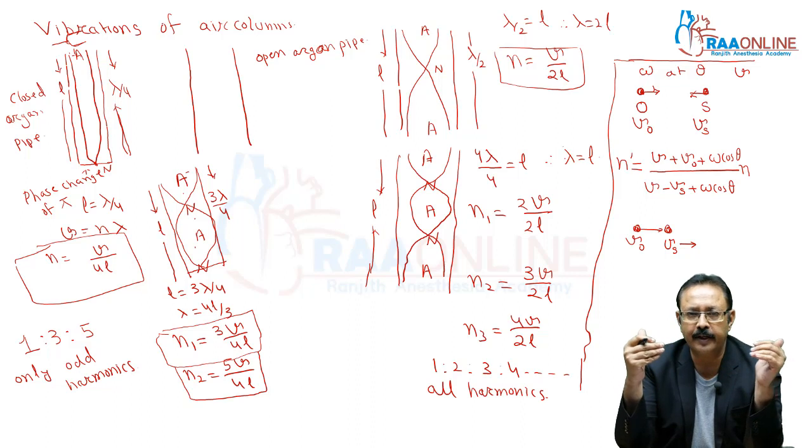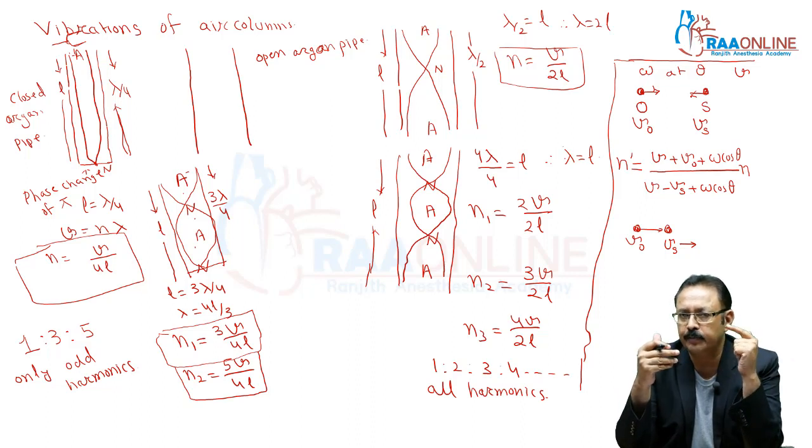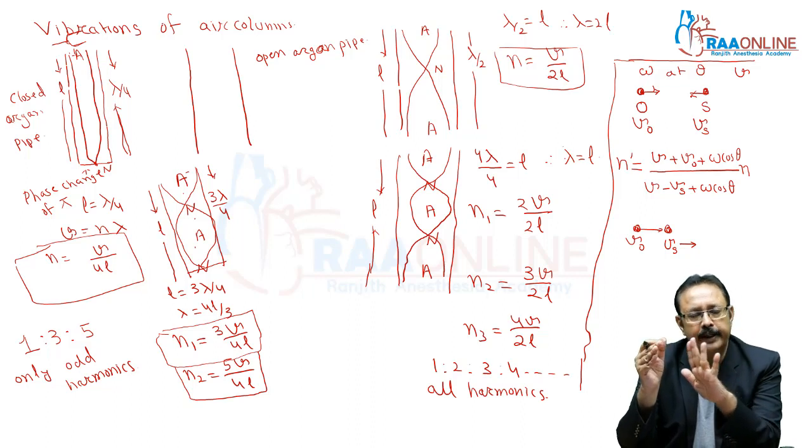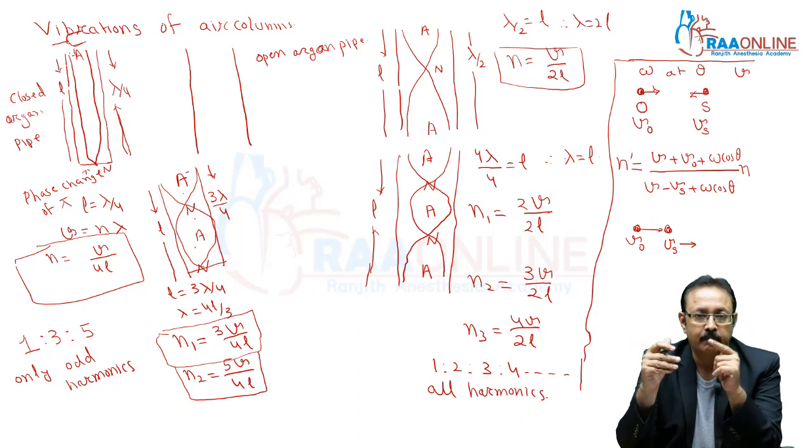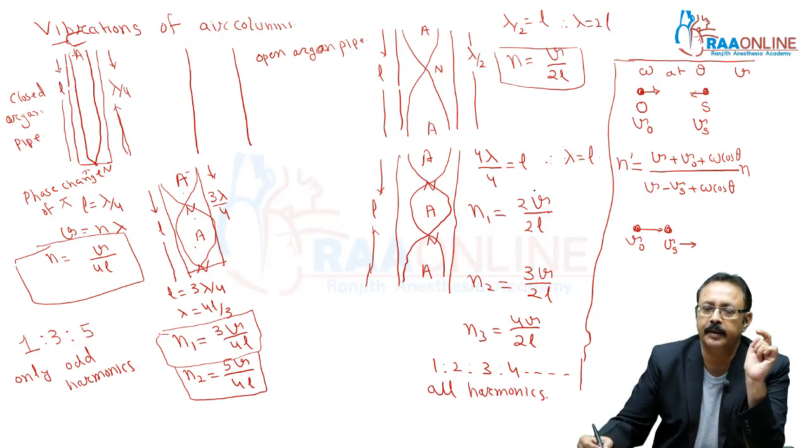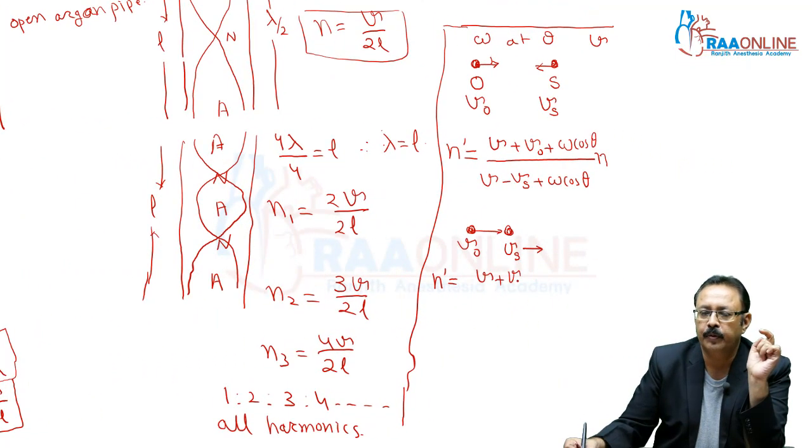Observer is on the right track, he is moving towards source. So VO take sign as it is, but Vs, source, is moving away from observer, so change the sign of Vs. So formula will become, in this case, you will get a frequency V plus VO upon V plus Vs into actual frequency.